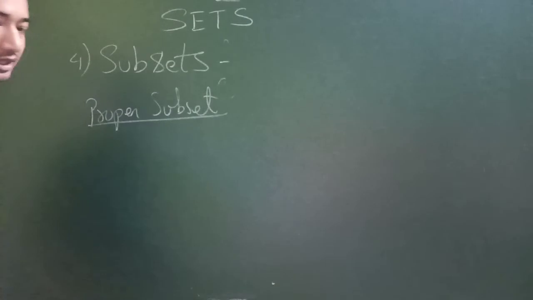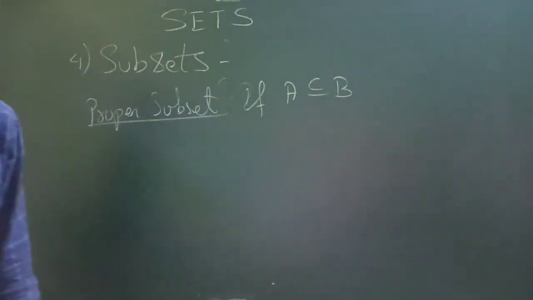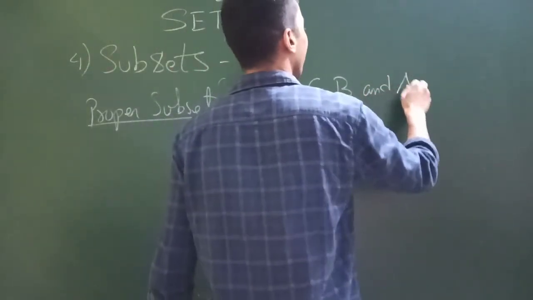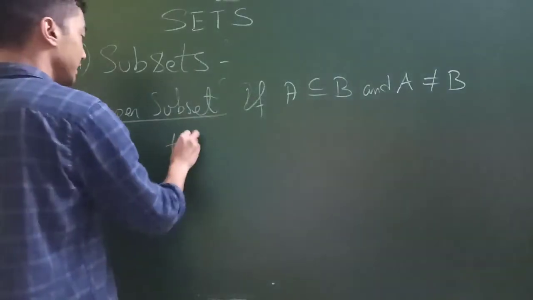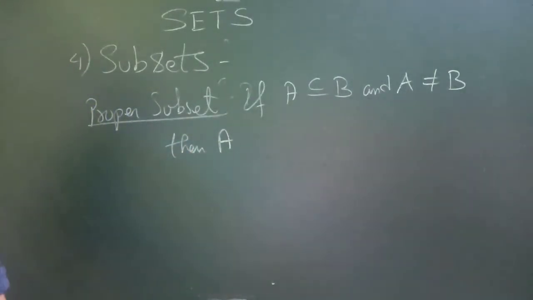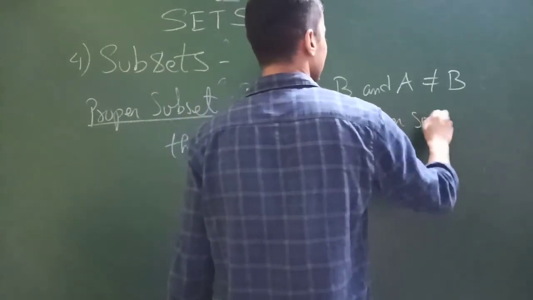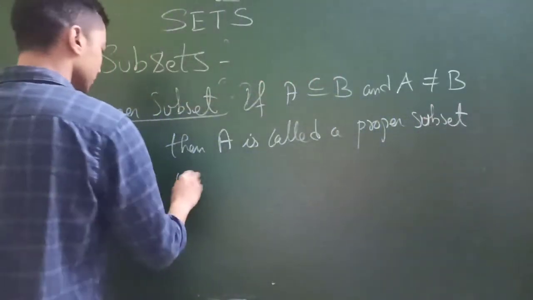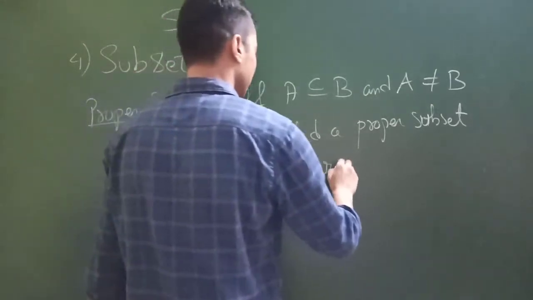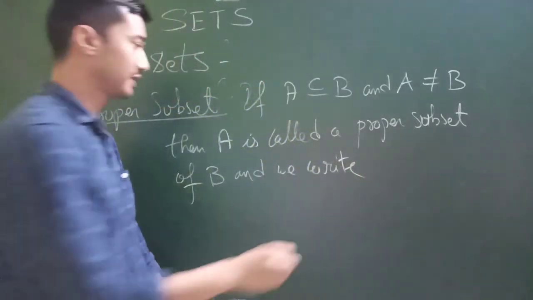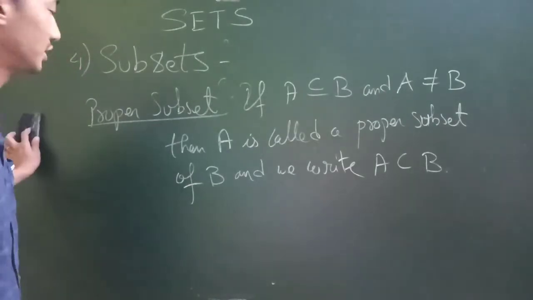If A is a subset of B and A is not equal to B, then A is called a proper subset of B, and we write it like this. You can pause the video and note it down.